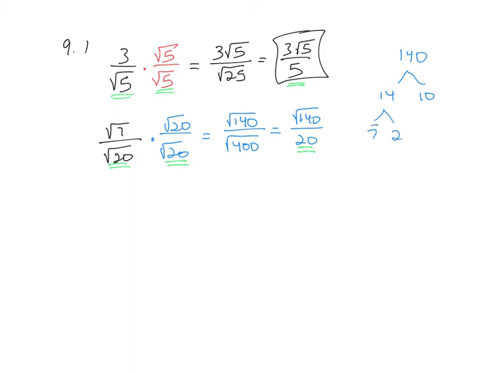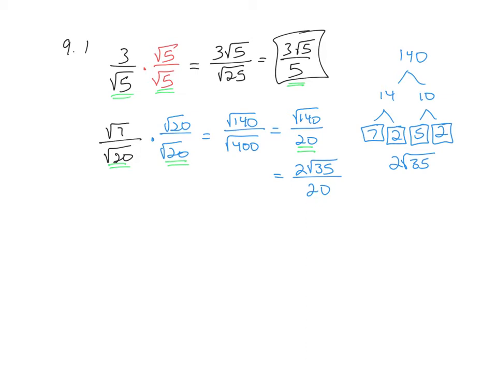But as we go, can't do anything with a 7, can't do anything with a 2, can't do anything with a 5, can't do anything with a 2. 5 times 2 is 10. So I have a pair of 2's, so I write a 2. I have a 7 and a 5 left over, which means 7 times 5 is 35. So I get 2 square root of 35 over 20.